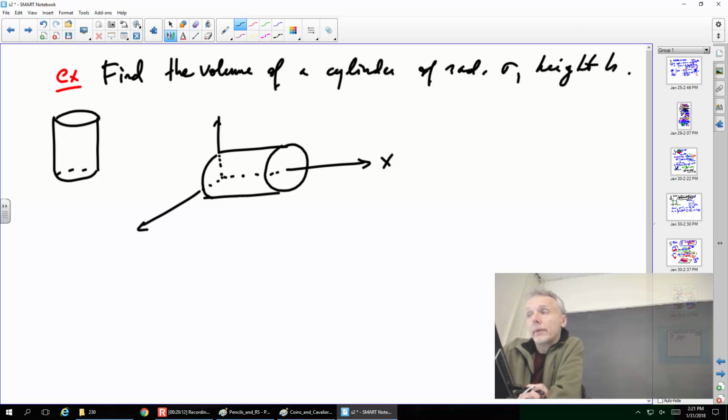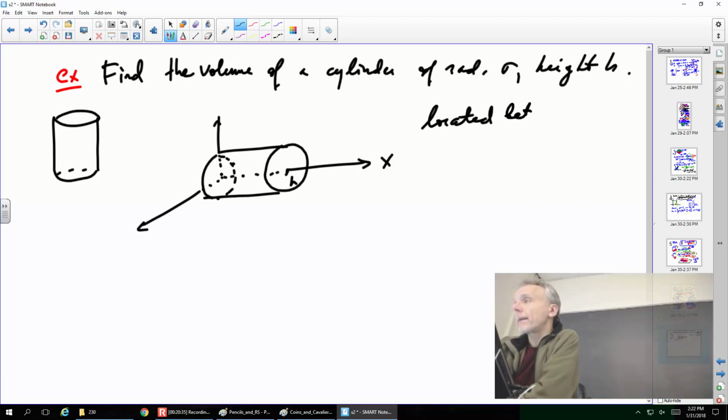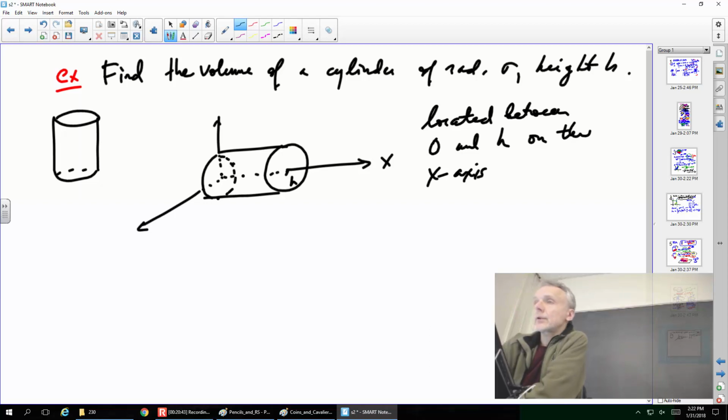Firstly, we're going to need A and B. So let's say this will be H. It is a cylinder, let me complete the circle here like this, located between 0 and H on the x-axis. That is my interval, from 0 to H.